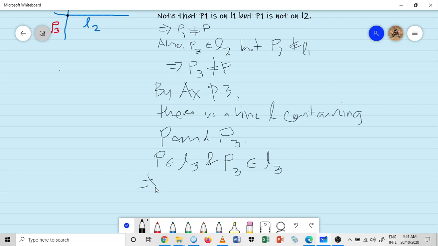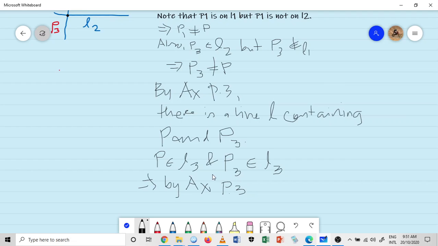So by axiom P.3, every pair of points can be contained by exactly one line.